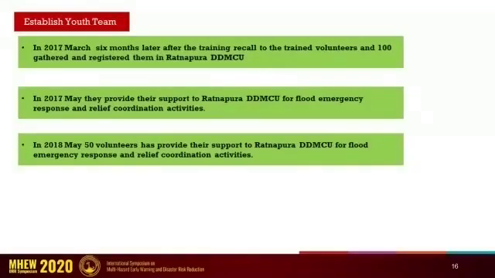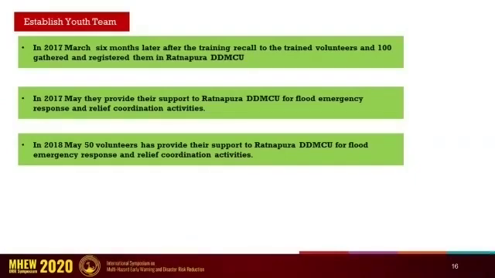Finally, the hardest part was to establish and utilize these youth teams in 2017. After 6 months were completed, we again invited these volunteers. Then 600 volunteers came voluntarily.